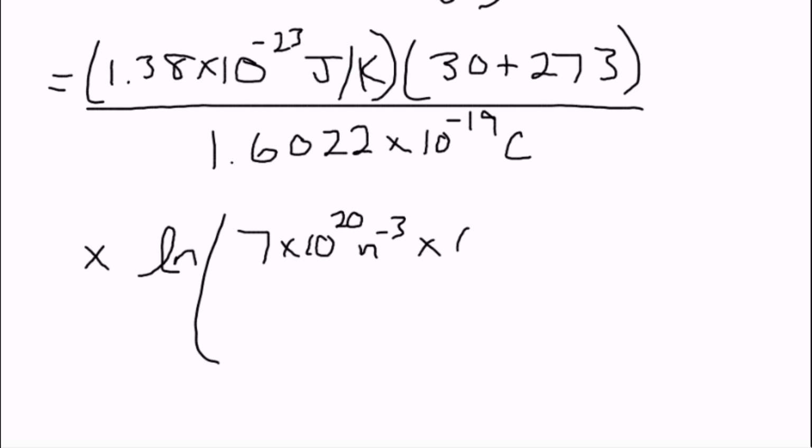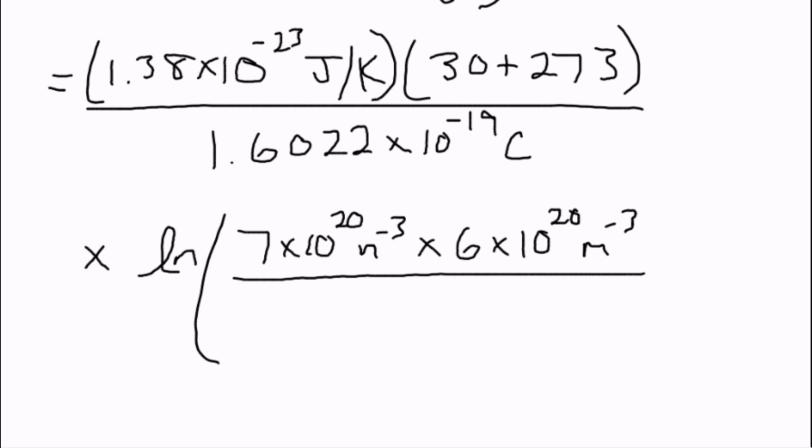Times the other doping concentration, 6 times 10 to the 20th atoms per meter cubed, over the intrinsic carrier concentration of silicon, which is 1.5 times 10 to the 16 carriers per meter cubed.